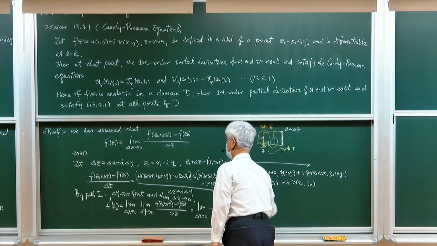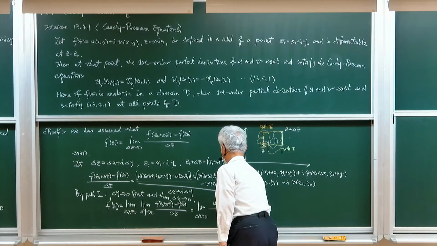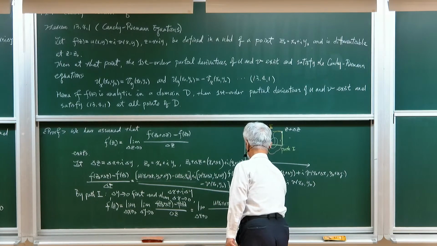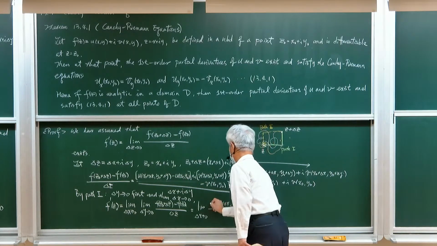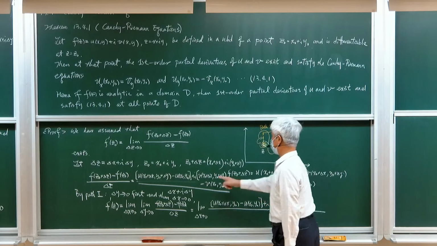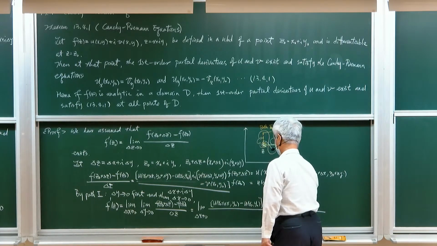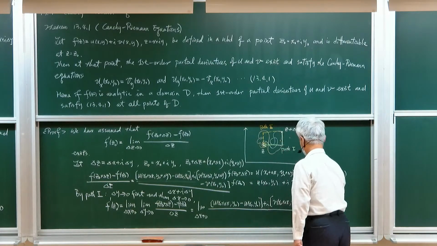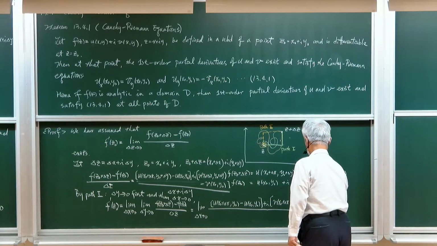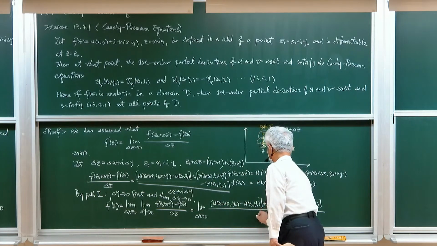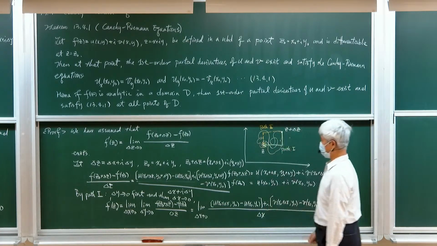You have u of x0 plus delta x and y0, minus u of x0, y0. So this is the real part. And for the imaginary part, we have v of x0 plus delta x and y0, minus v of x0 and y0. And for the denominator, this goes to delta x only.